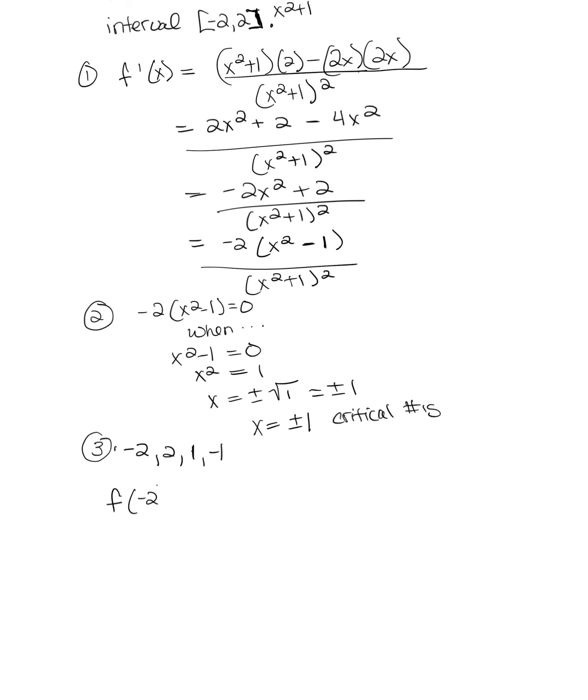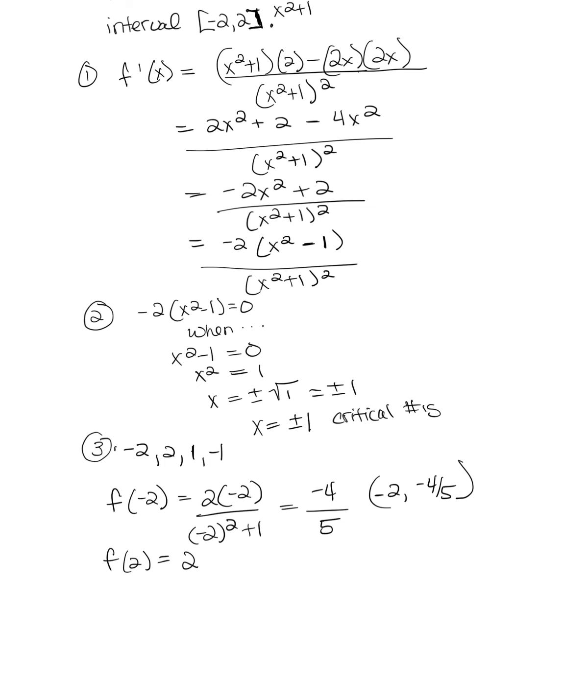So we have f of -2 equals 2 times -2 over 2 squared plus 1, which is going to give us -4/5. So we have a point at -2, -4/5. And then f of 2 equals 2 times 2 over 2 squared plus 1 equals 4/5. So we have a point at 2, 4/5.